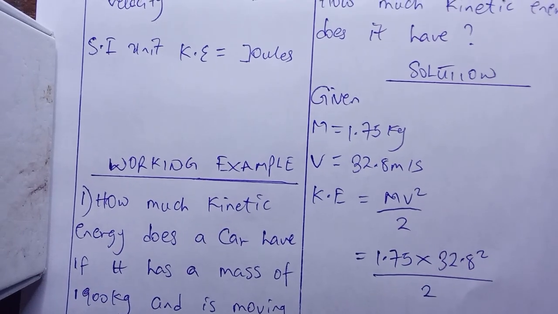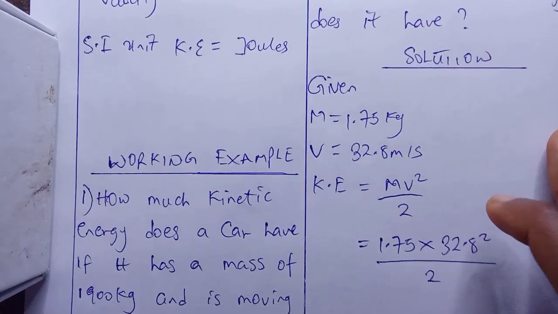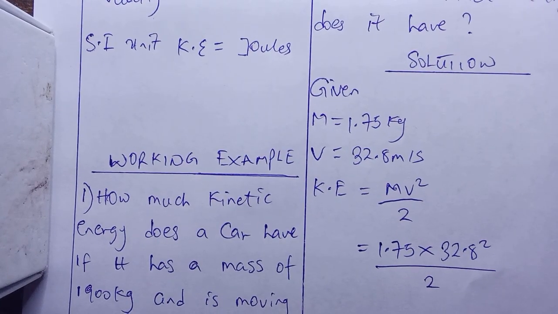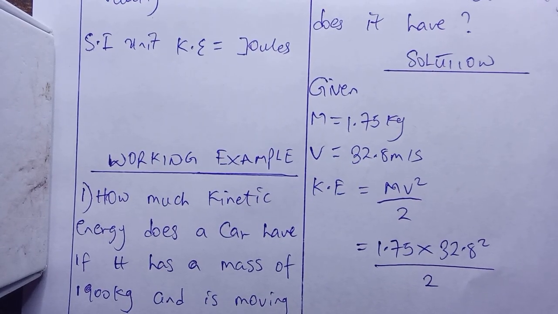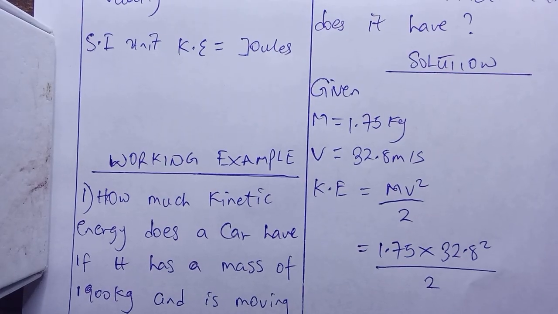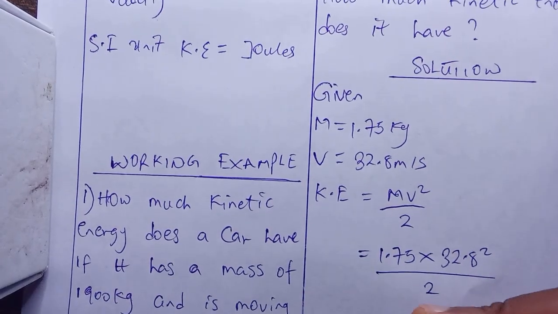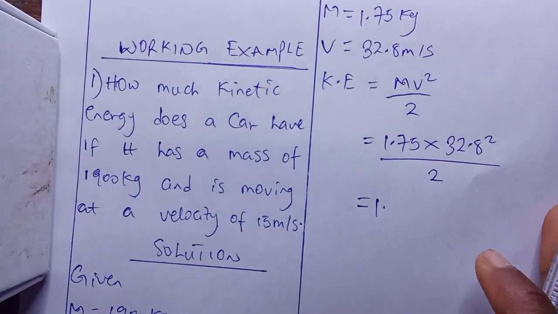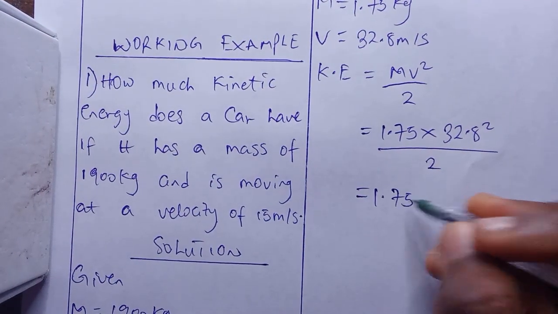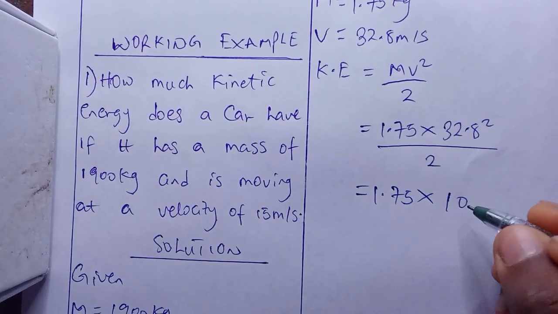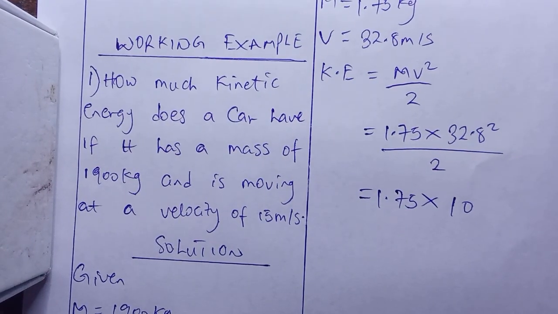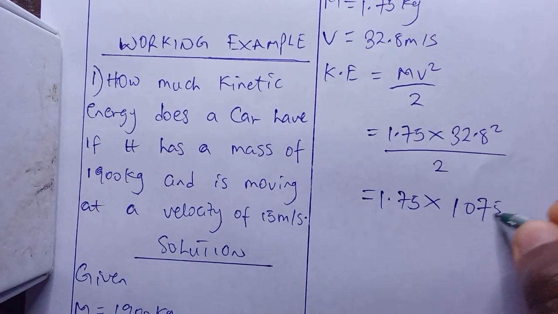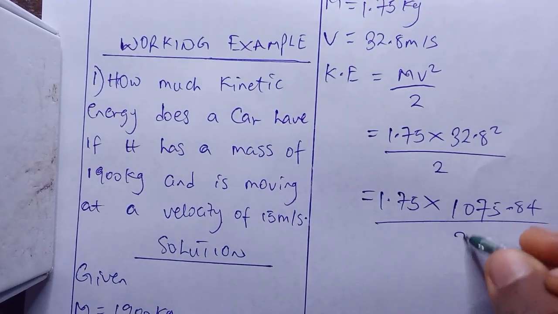The same thing, always square your velocity first. So if you punch 32.8 squared, we have 1075.84. So we have 1.75 times 1075.84 all over 2.